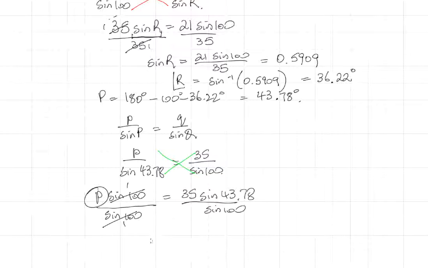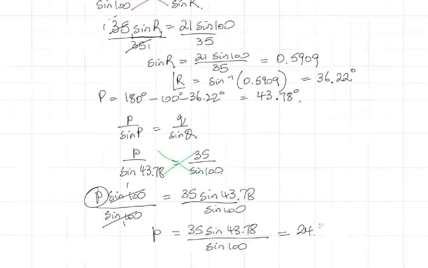P times 1, so you get P over 1, which is just P, equals 35 sine of 43.78 all over sine 100. And when we work that out, we'll get 24.59 meters. So that's using the sine rule to work out an angle, then using the sine rule to work out the length of a side.